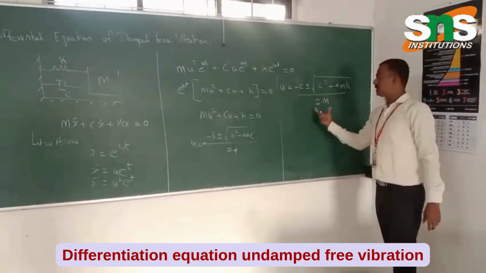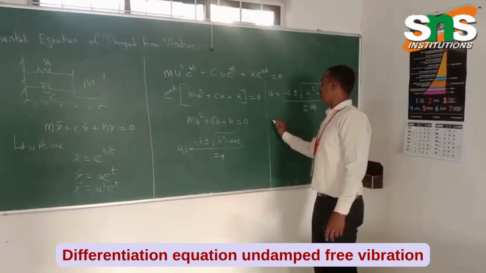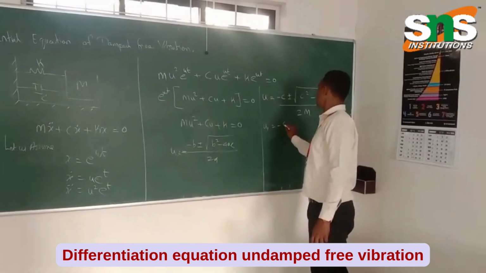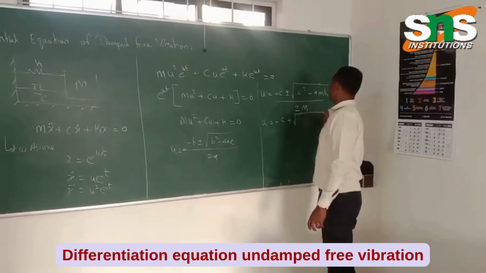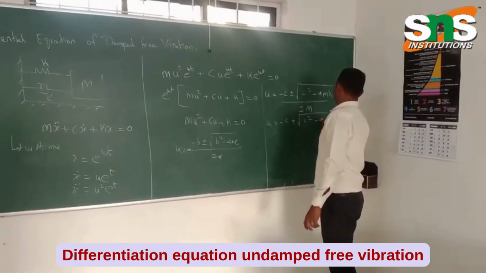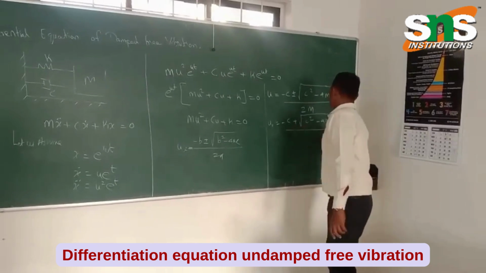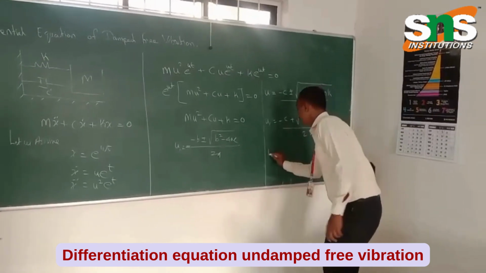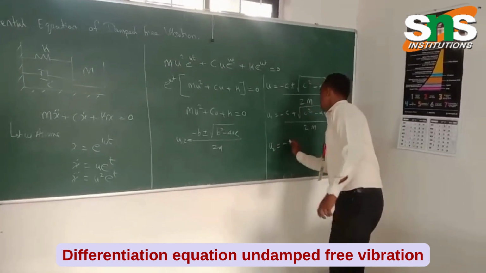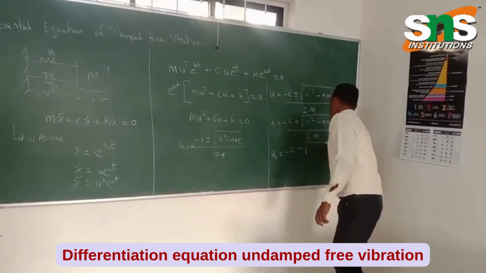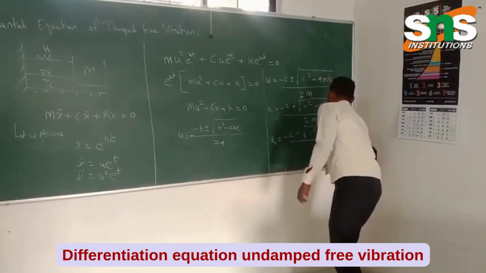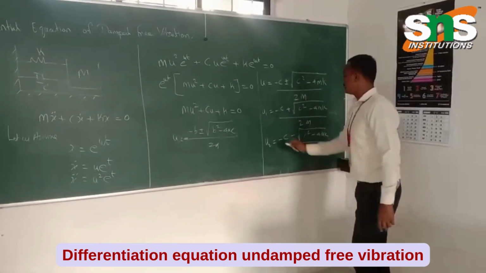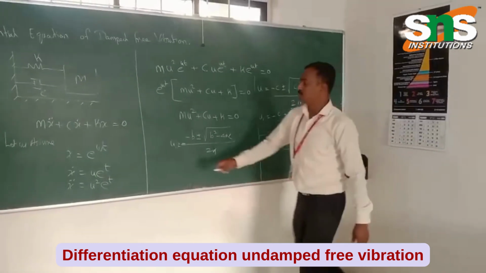So this is the solution we are getting. So u1 is equal to minus c plus root of c square minus 4mk divided by 2m, and the solution for u2 will be minus c minus root of c square minus 4mk by 2m. So these two solutions we can use here.